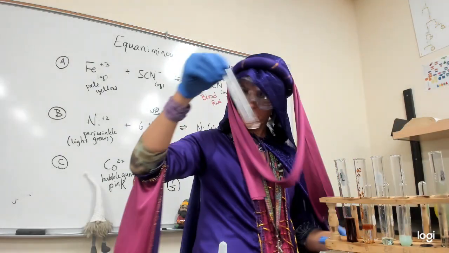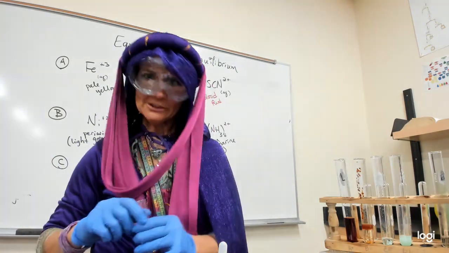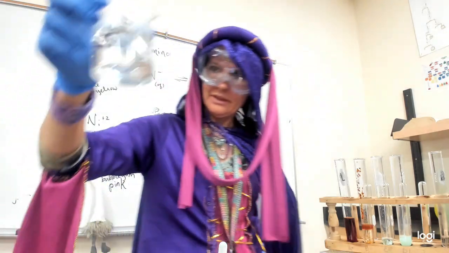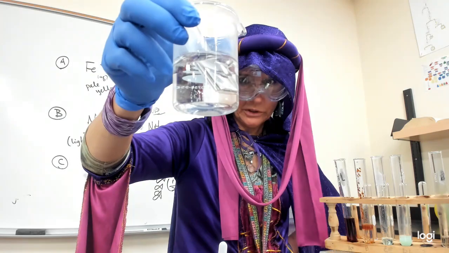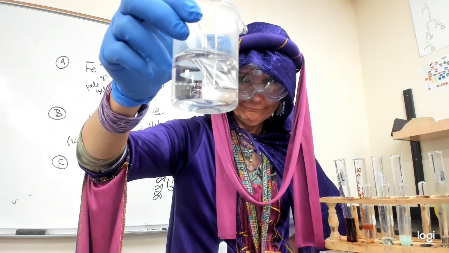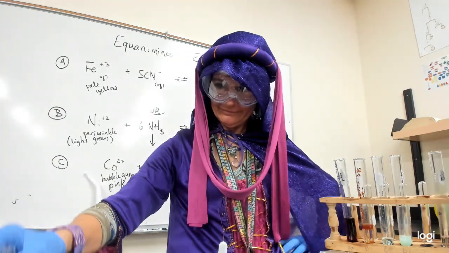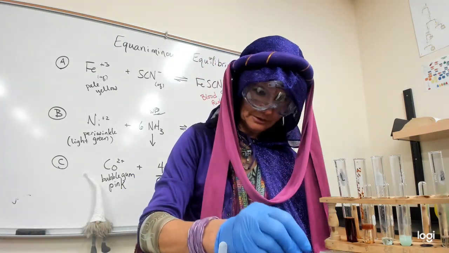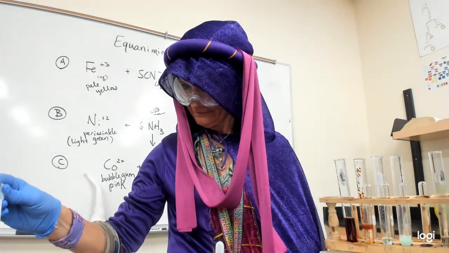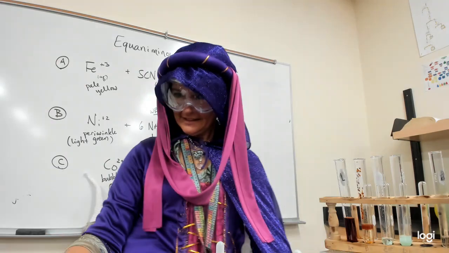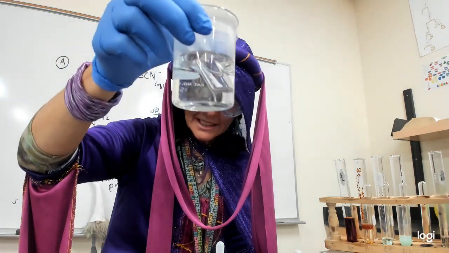Let's see if we can get it to turn blue again. Is this my hot water? It's a little warm. And there we have it. Oh, might have added too much water. This is that thing where your teacher says, never ever experiment like this.